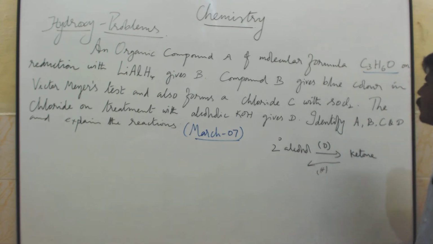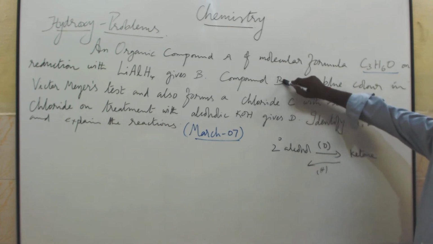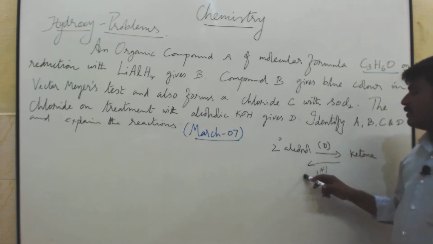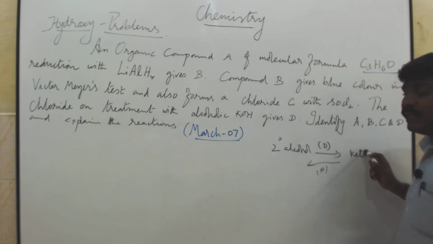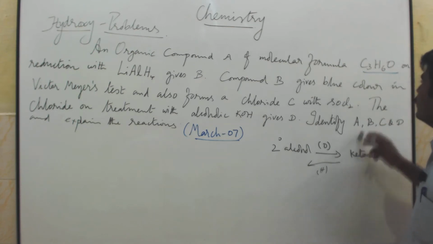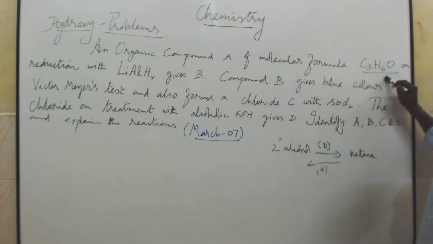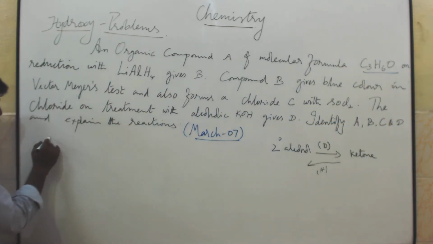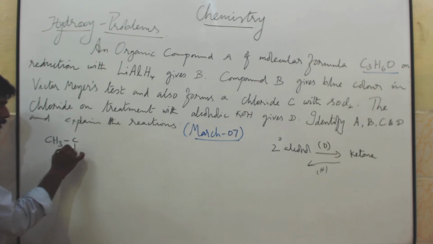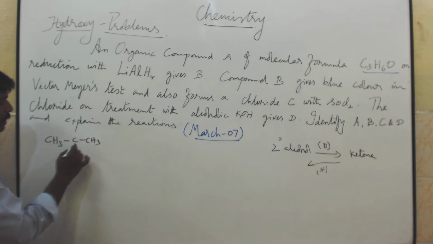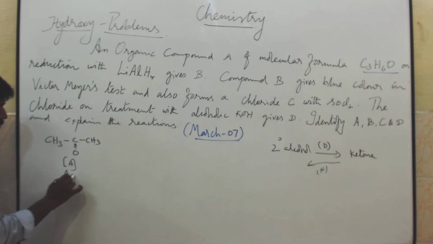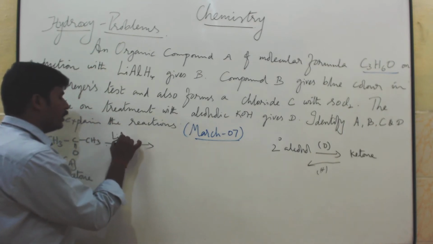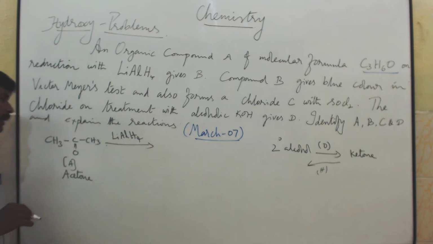Now, B is the alcohol we confirmed. A undergoes a reduction reaction to give alcohol, so A must be a ketone. From the molecular formula, we can confirm that it is acetone. Acetone, CH3-C=O-CH3, which is compound A, undergoes a reduction reaction in the presence of the reducing agent lithium aluminum hydride.